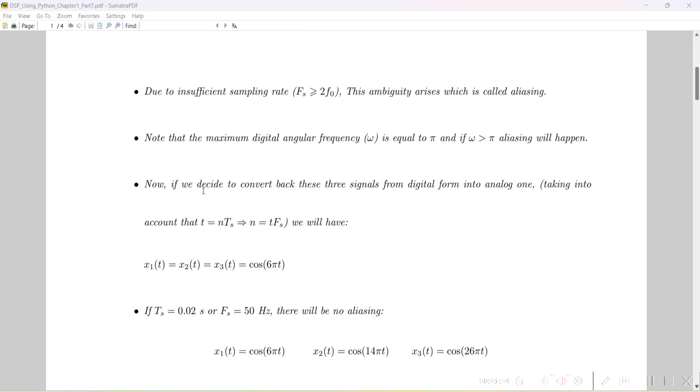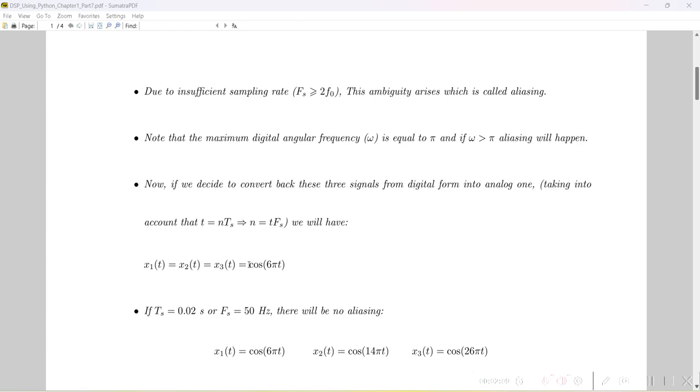Now, if we decide to convert these three signals back from digital form into analog, taking into account that t is equal to n times ts, we will have n equal to t times fs, the sampling rate. Therefore, x1 of t is equal to the second one and is equal to the third one.